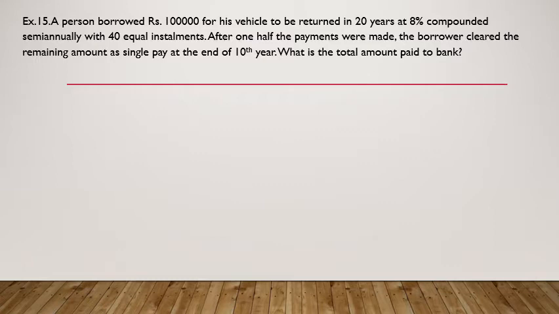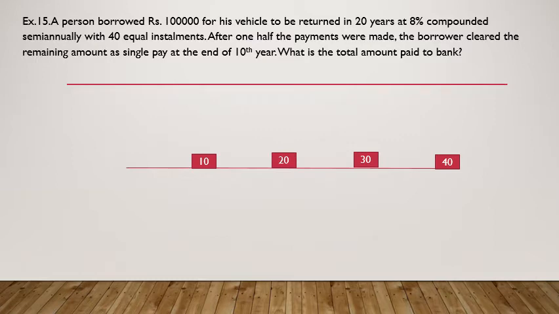Let us see the cash flow diagram first. There are only 20 years, but the problem is that it is compounded semi-annually. It is not annual compounding, it is semi-annual compounding. And how many installments are there? 40 installments.